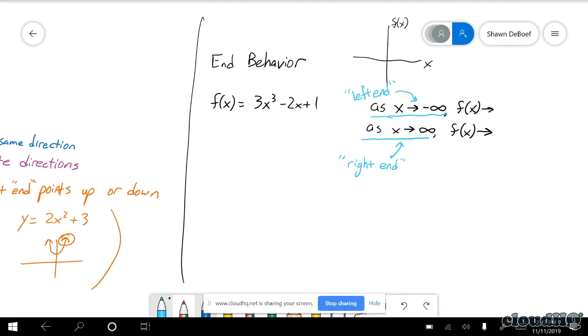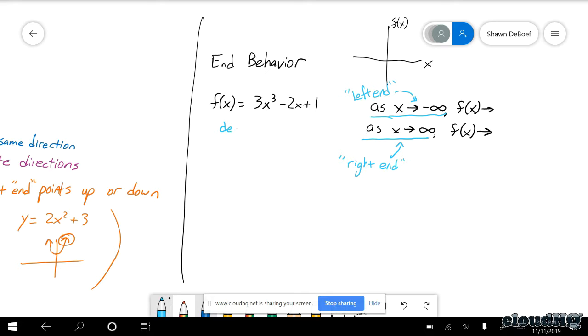So we have to tell what's going to happen to the left side and the right side of the graph. Really, I'm talking about whether it's pointing up towards positive infinity or pointing down towards negative infinity.